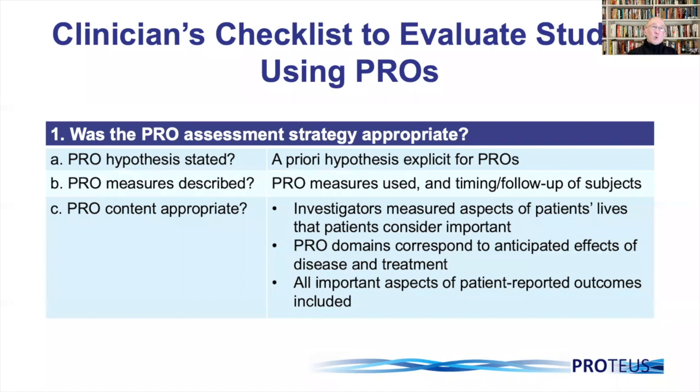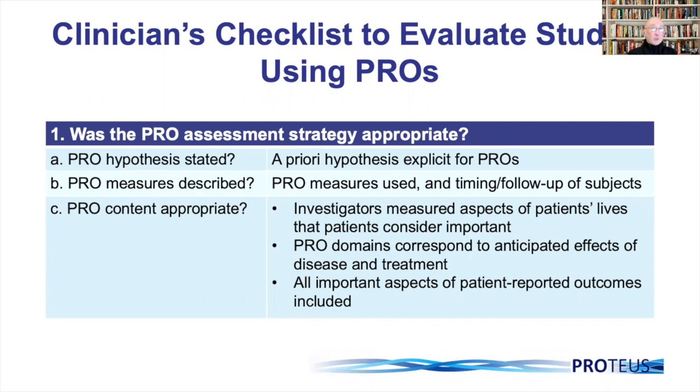The first item was: is the PRO assessment strategy appropriate? This applies to all clinical research, but we will focus on use of PROs in the trial and whether or not the research strategy was sufficiently rigorous. Was there a hypothesis stated about the use of the PRO?